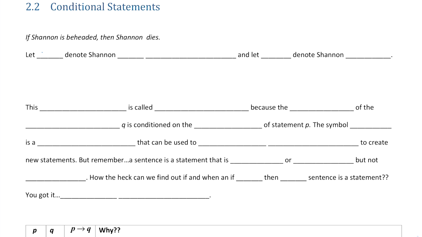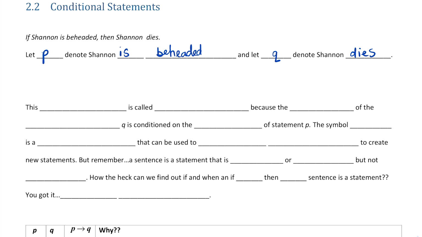So if we were to let P denote Shannon is beheaded, and let Q denote Shannon dies.